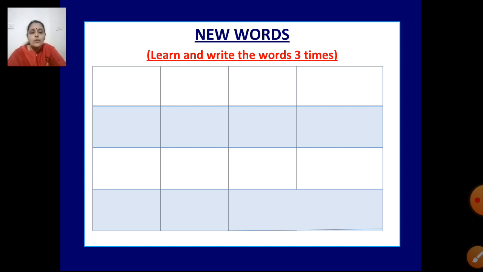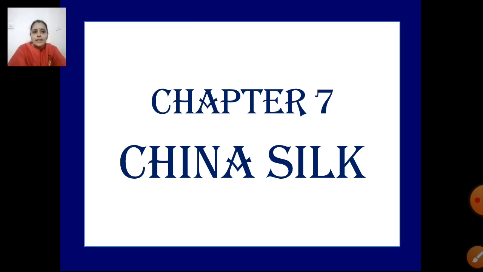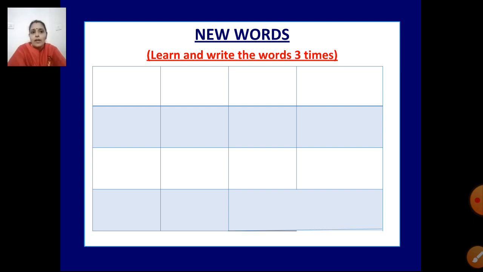Yes, so write today's date in your rough book. Write the heading chapter 7, China silk, and on the top you write new words. The name of the lesson is China silk. Then the next line, write new words.